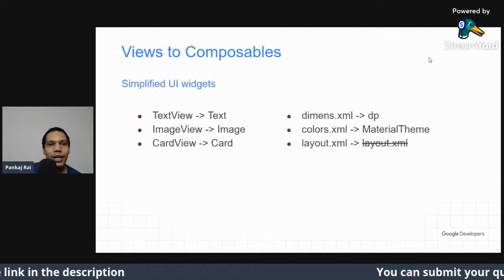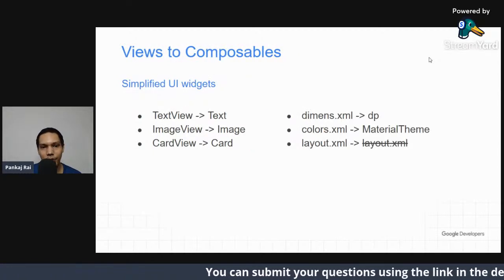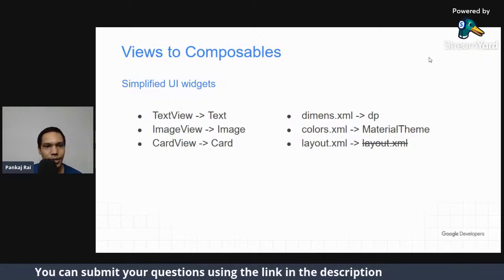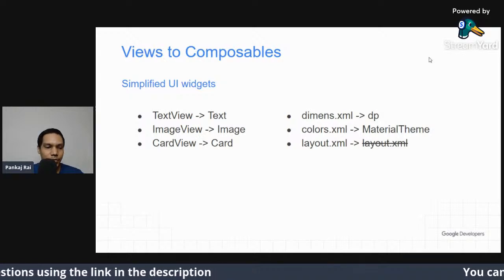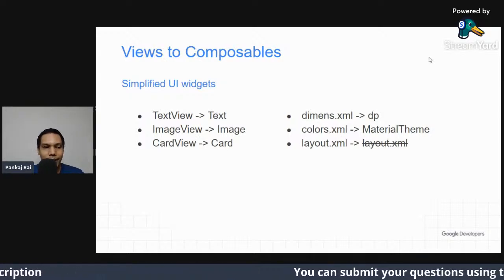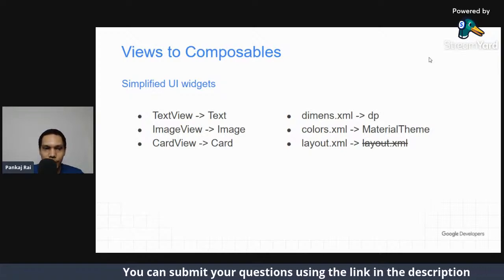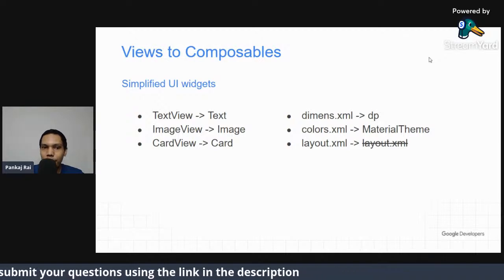So let's see the views that we have with the existing Android UI toolkit and what has changed with Jetpack Compose. If you want to display a text, you can think of it as a label. If you want to show titles, labels, subtitles, with the existing UI toolkit we have TextView. With Jetpack Compose, this became Text.